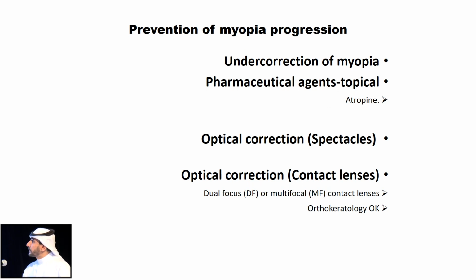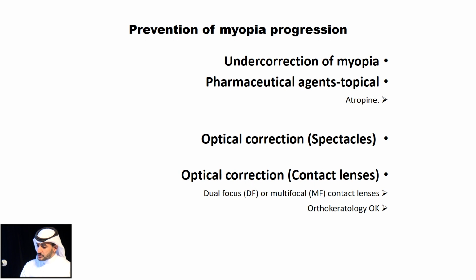Now we'll talk about the prevention methods for myopia progression based on the previous theories: lack of accommodation, peripheral refraction, and near work aberration. The first method, which has been studied a long time ago, is under correction of myopia.